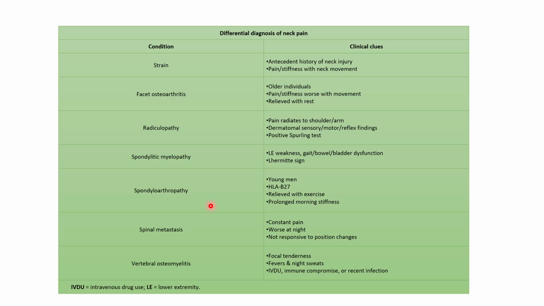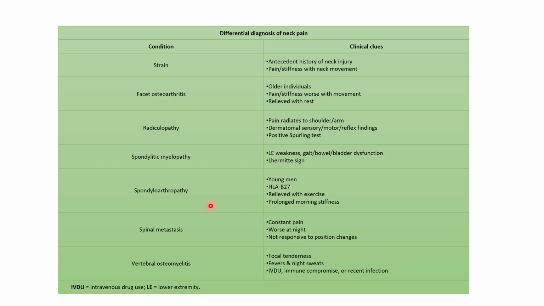And then radiculopathy. What happens in radiculopathy? Pain radiates to the shoulder or arm. There may be dermatomal sensory, motor, or reflex findings, and there is a positive Spurling test.